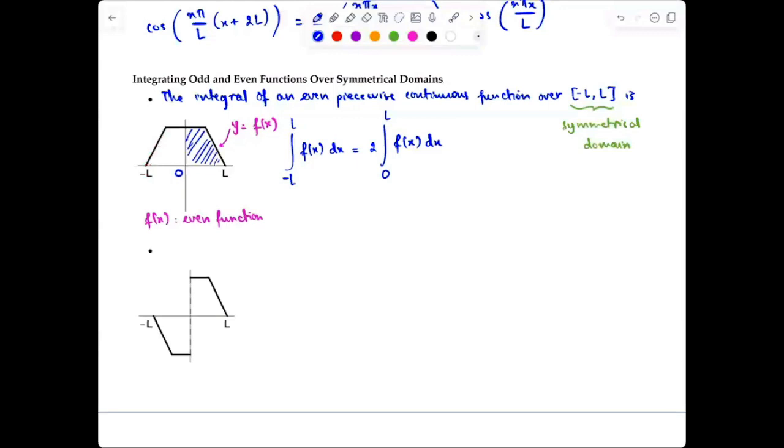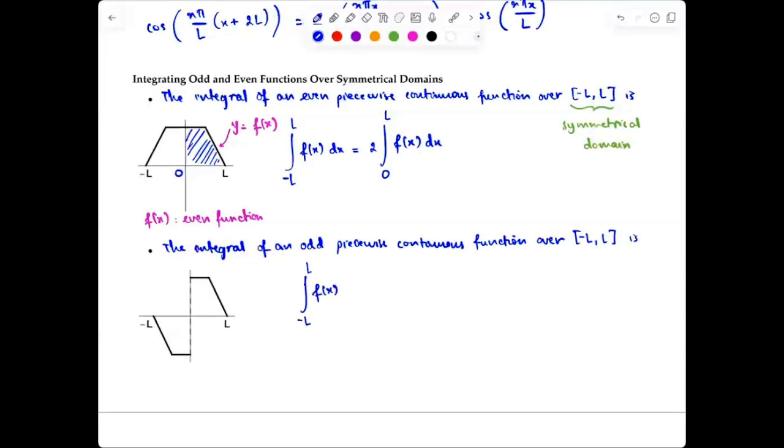Now for an odd function, the integral of an odd piecewise continuous function over the symmetrical domain from negative L to L is automatically equal to 0.